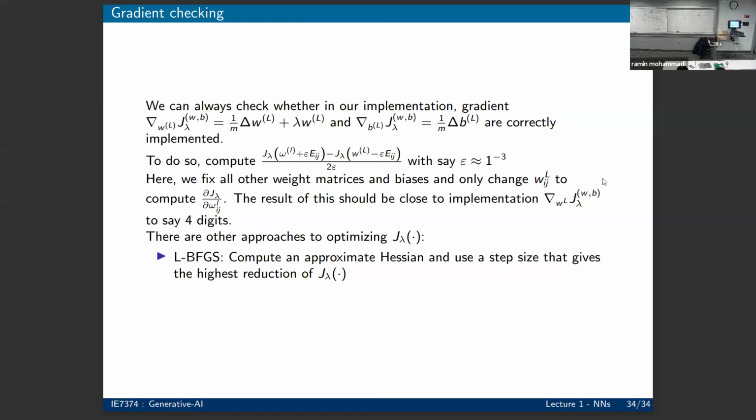Here, this E matrix that you see: let's say I have this W between layers, W^L, and W^L is a matrix of size S_{L+1} times S_L. So we introduce this matrix E, which is the same size, S_{L+1} times S_L. If you're doing it in matrix form, I'm interested in checking the gradient of this weight randomly.